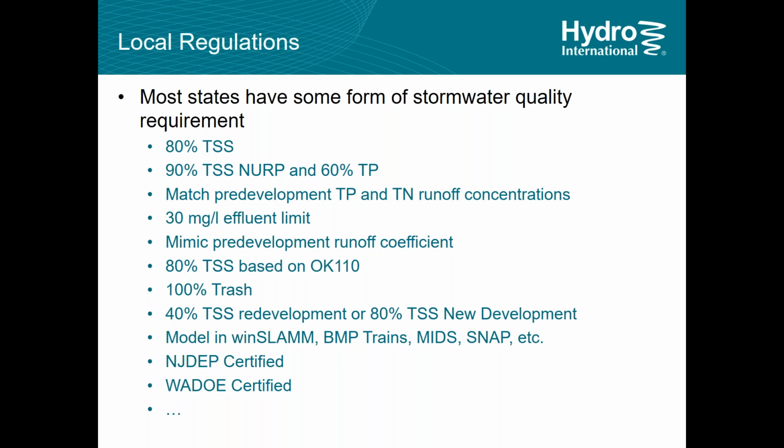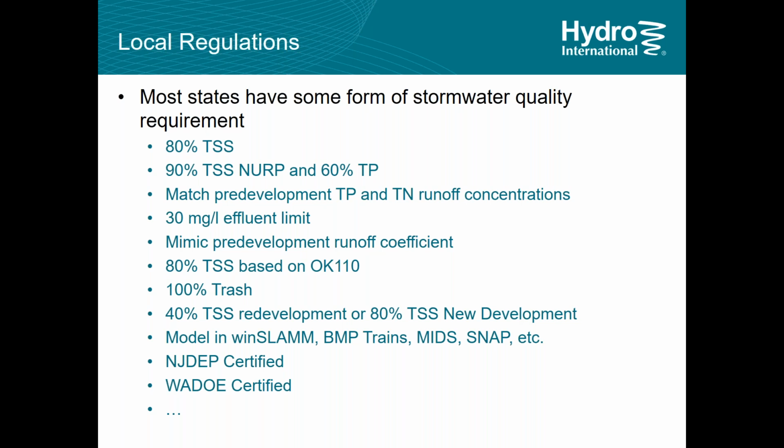And what's happening now in many of the states, well, what I've noticed, is that to make things simpler for everyone, some states are developing standard design models. In Wisconsin, it's the WinSLAMM program, and you have to model your site in WinSLAMM, and it does all the number crunching, the BMP design, and produces the answer so everyone's on the same page when it comes to assessing a site.